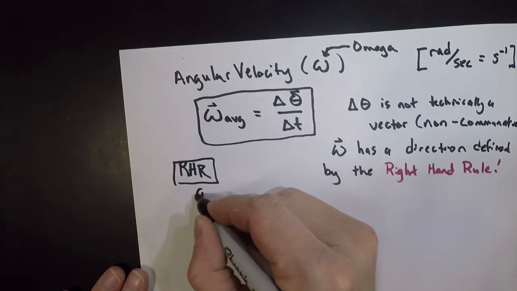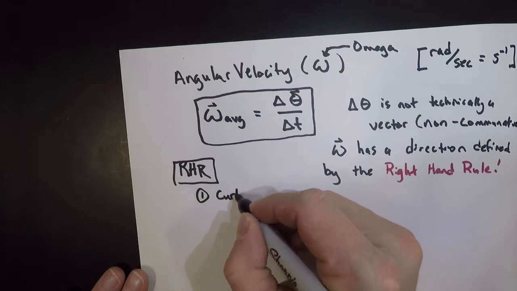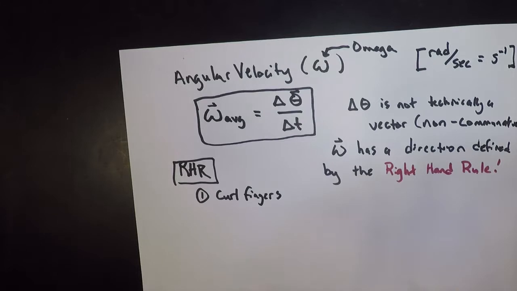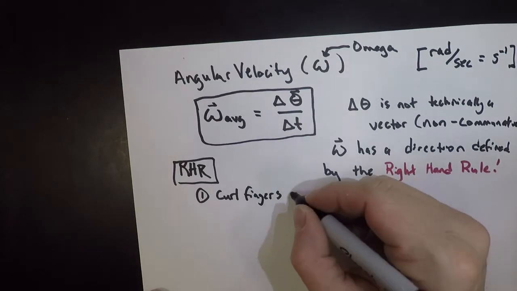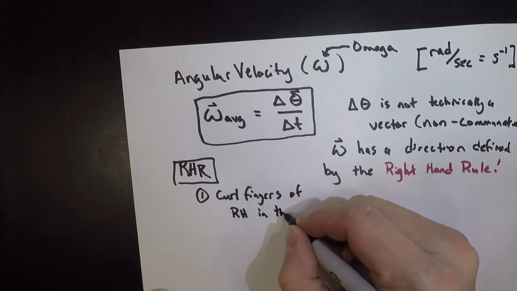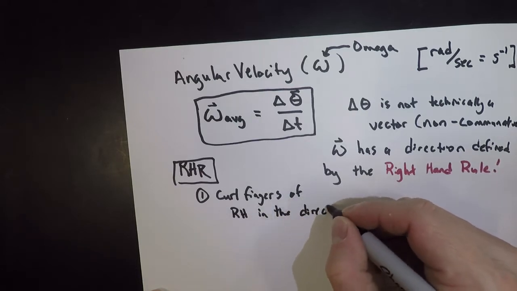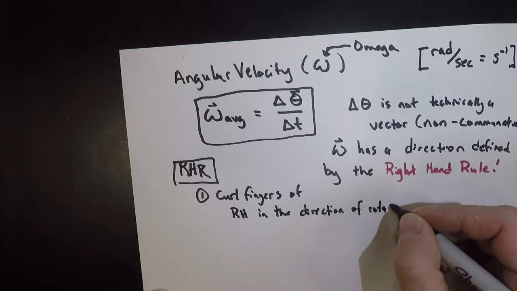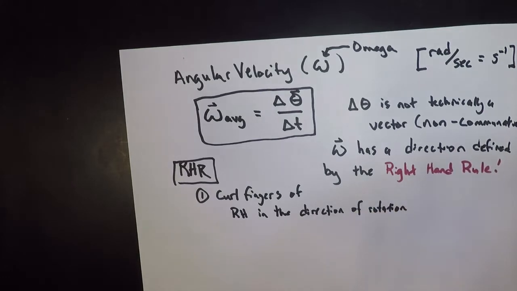And you use your right hand. The principle is that you're going to curl your fingers of your right hand, of course. If you use your left hand, this isn't going to work. So curl the fingers of your right hand in the direction of rotation. So clockwise, counterclockwise, whichever direction the body is rotating.